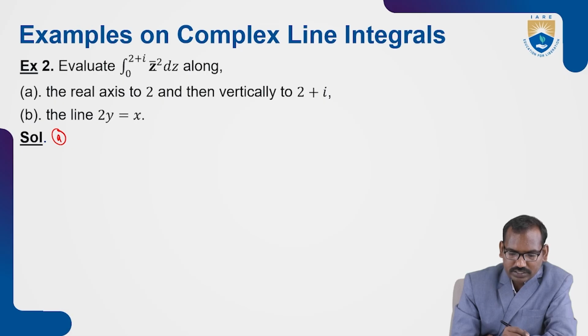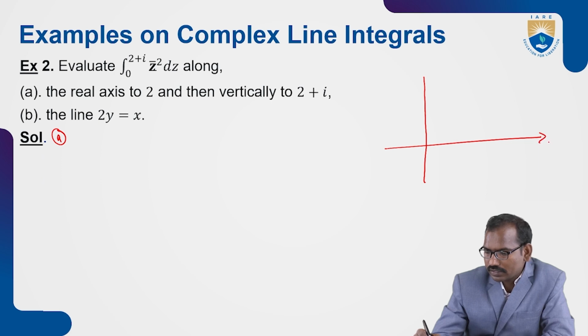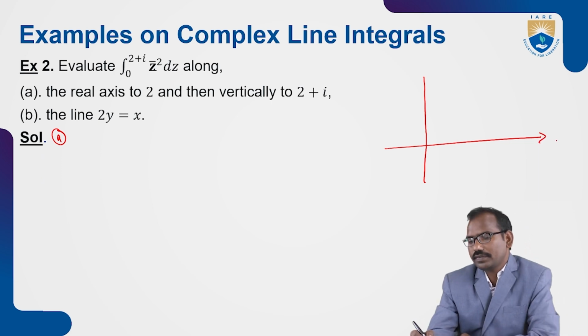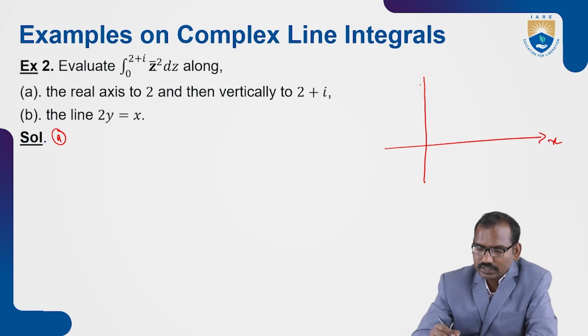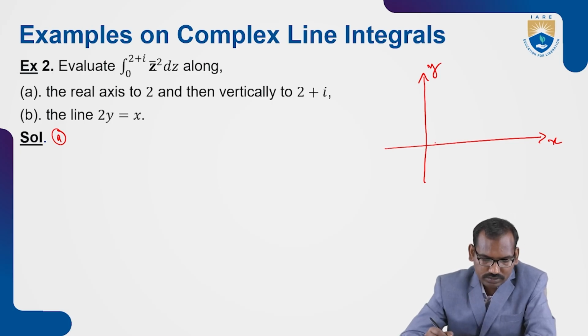Along the real axis. So first of all, we have to identify the real part of z, which is x, and the imaginary part of z, which is y. Okay, now we need to perform integration. There is a point z equals 0, and we have another point 2 plus i.